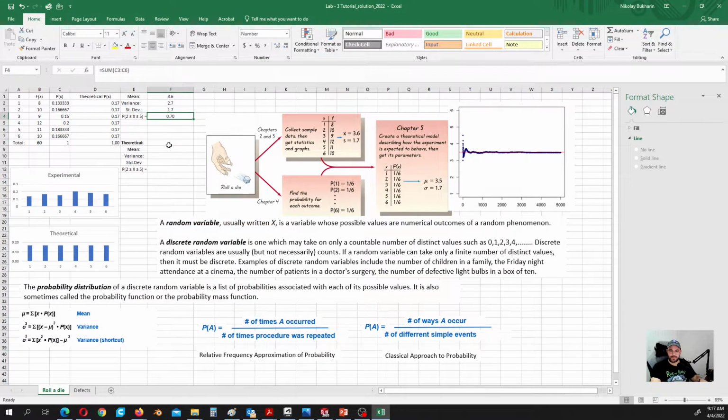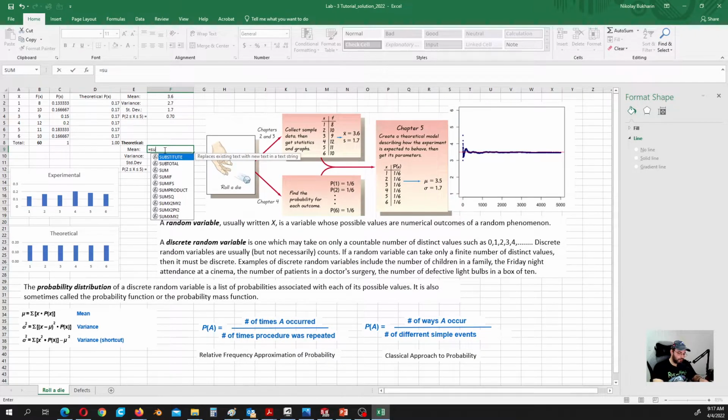Okay, so then theoretical values. If you calculate theoretical values, the mean is equal to the sum product of our x's and the probabilities, now the theoretical probabilities right there.